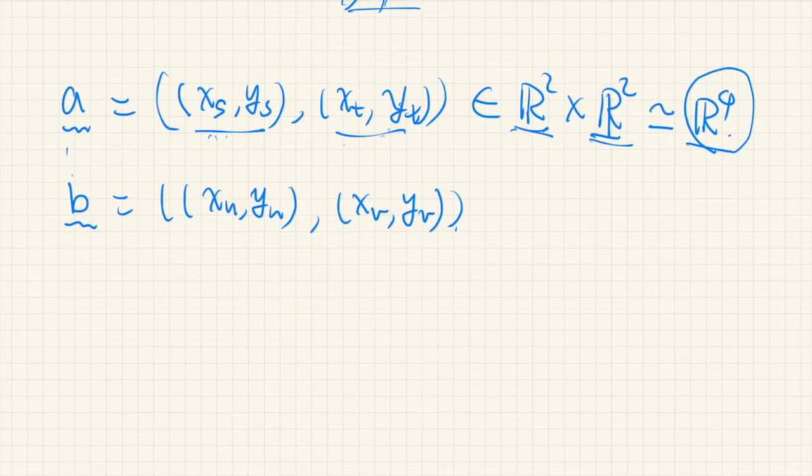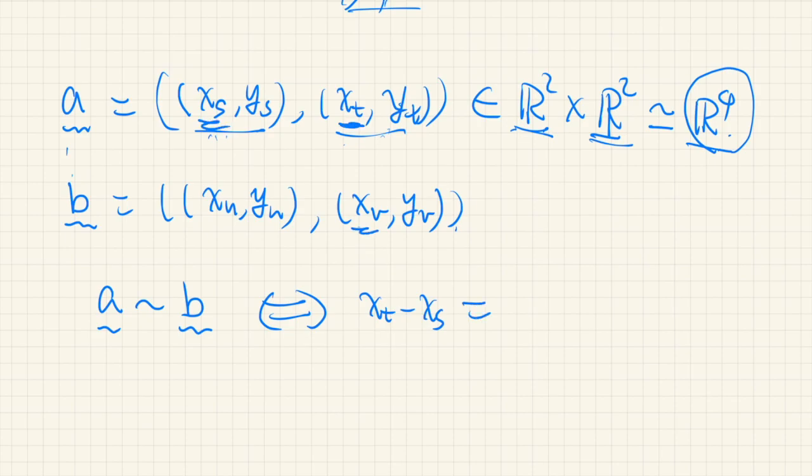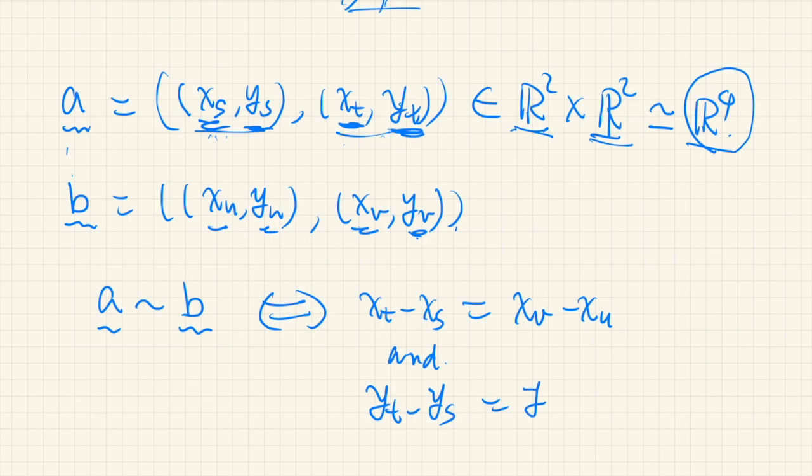A and B are defined to be equivalent if xt minus xs, the difference between this and this, is equal to the difference between this and this, xv minus xu, and not only this, but also the difference between the y coordinates: yt minus ys is equal to yv minus yu.